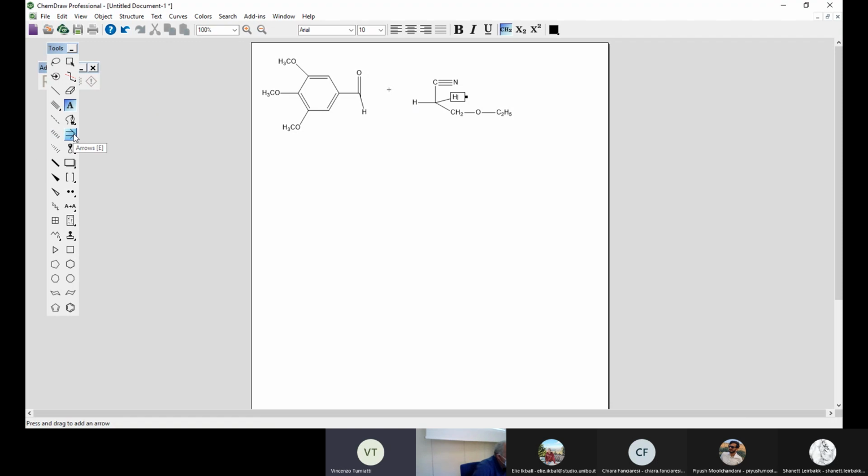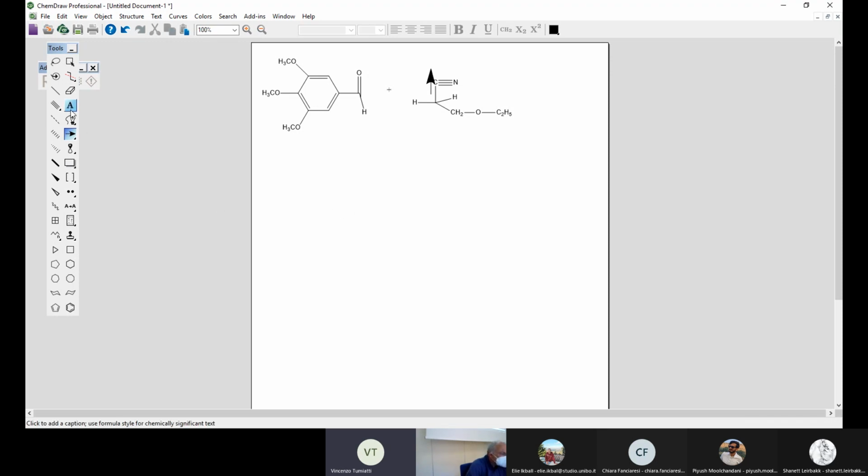The nitrile group is more electronegative, so these two protons are acidic.